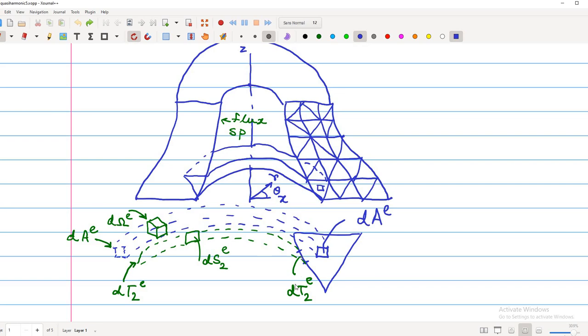This is capital gamma. Pardon me if I have said tau. No, this is not tau. This is capital gamma 2e.